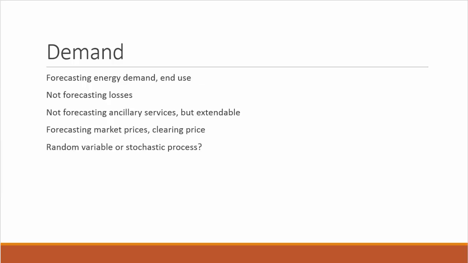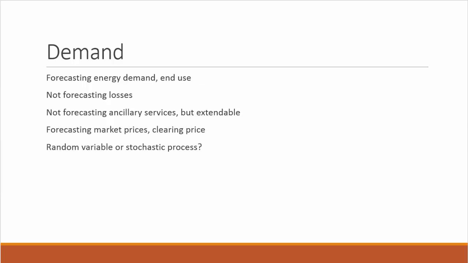We're not going to do forecasting of facility services, but the techniques we're using can be extended to those. We are going to talk a little bit about forecasting market prices, especially the clearing price, because of the deregulation of electric energy across the U.S. being at least halfway along. And therefore, you must be able to understand how to forecast the markets for electric energy, including ancillary services.